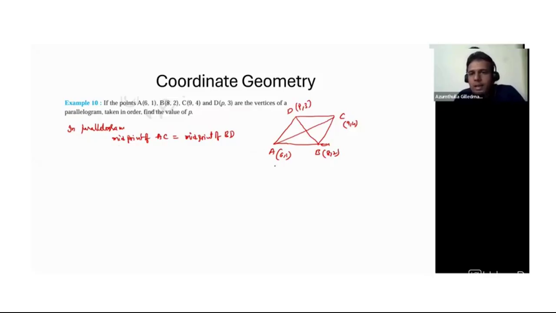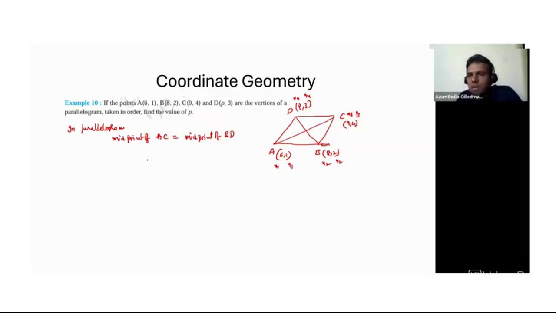Then let's say these are x1, y1, x2, y2, x3, y3, and x4, y4. There are four coordinates, and I have given the notation. What is AC? AC is x1 and x3. So if it is a midpoint, we know the formula of midpoint, right?